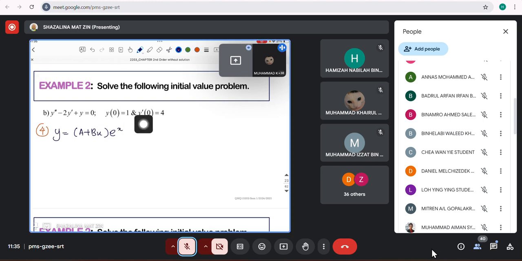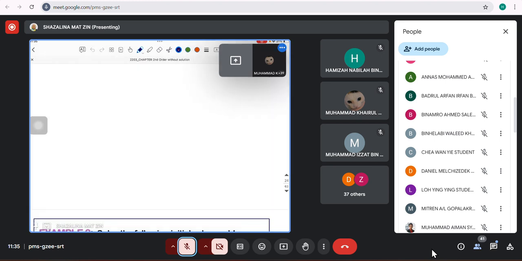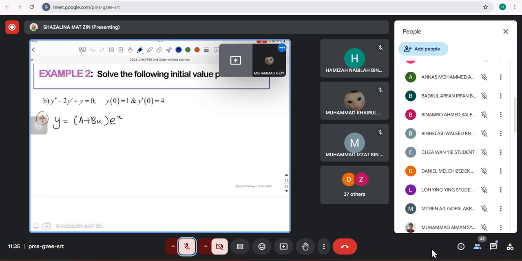The condition has y prime. So, when there is y prime, we need to differentiate. Okay, to differentiate this, we need to use the product rule. This is a bit complicated. Apply the product rule. u equals A plus Bx. v equals exponent x. u prime, differentiating A plus Bx, is B. v prime, differentiating exponent x, is exponent x.